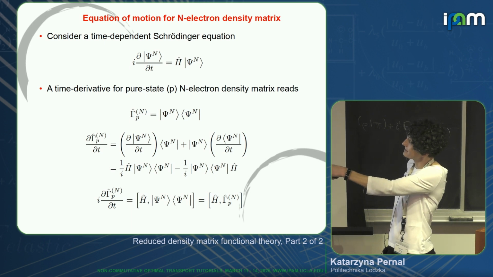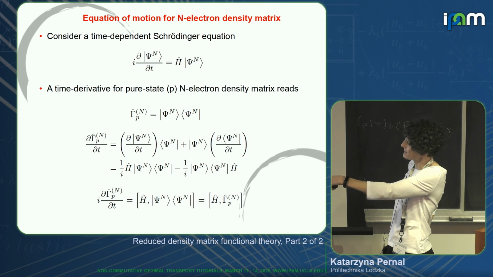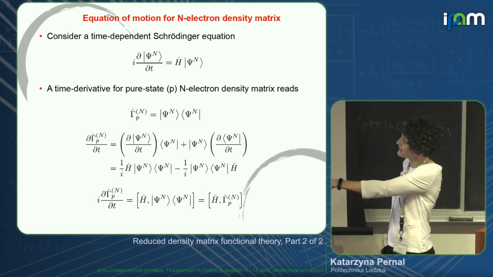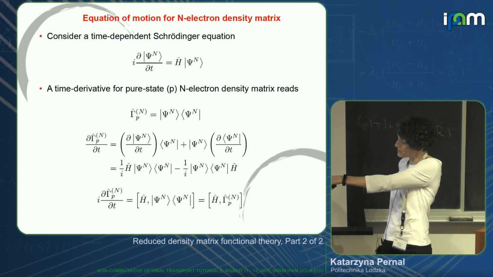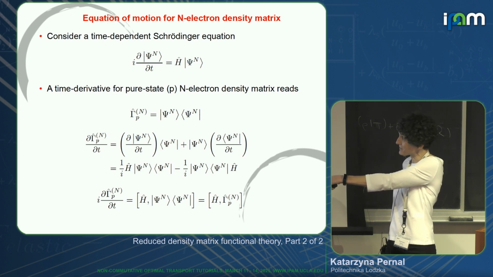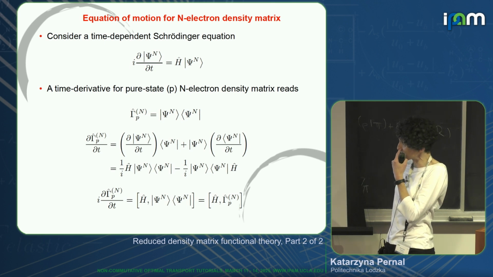And then you insert for the derivatives of the wave function of the state, you insert Hamiltonian acting on the state twice, and the adjoint of this equation here. And then you end up with this equation, which is what? The time dependent of the density matrix. Time dependent derivative of the density matrix is equal to the commutator of the Hamiltonian and the density matrix itself.